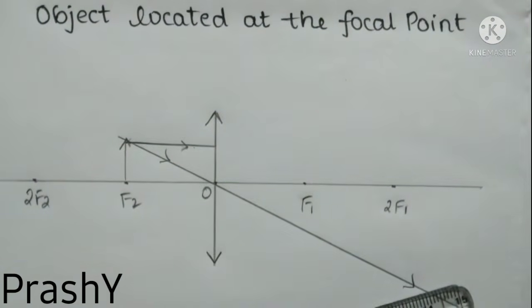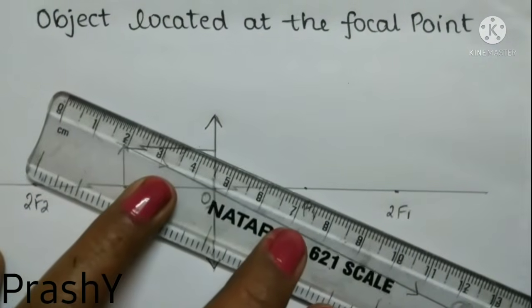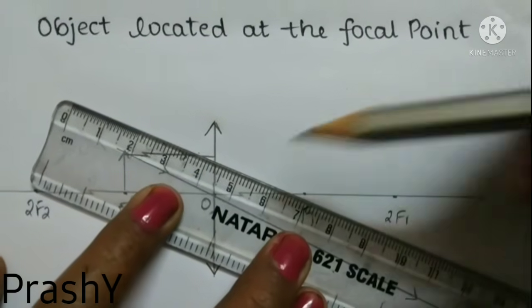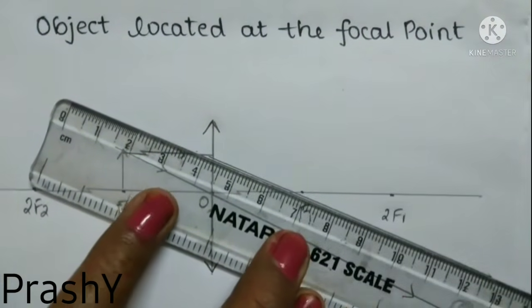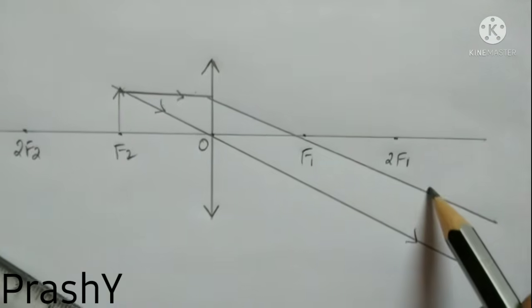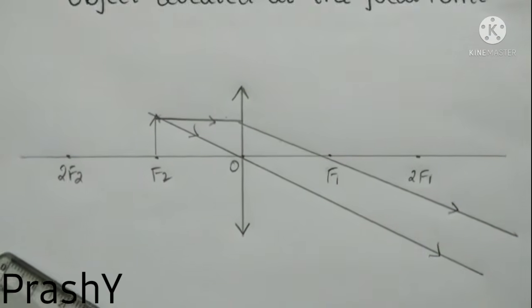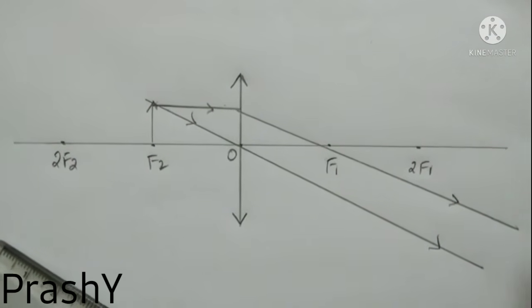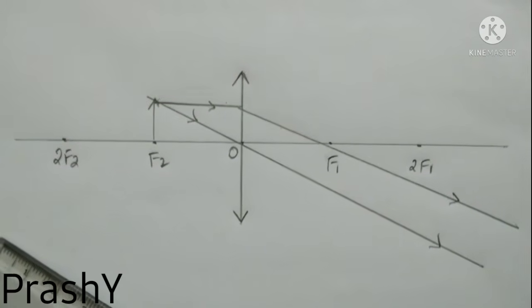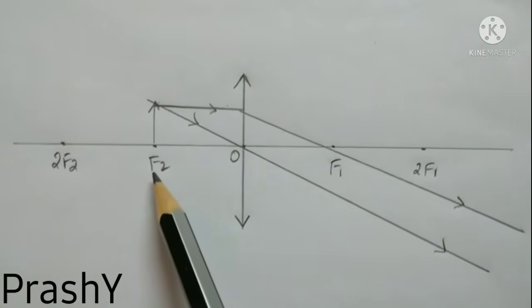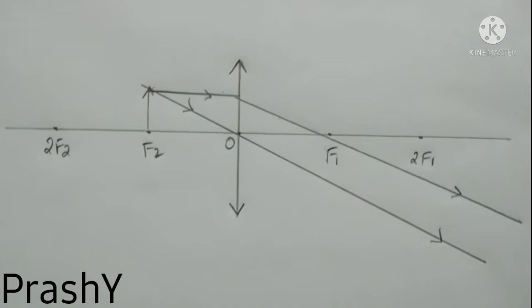Parallel to the principal axis, always meets through focus. So here if you observe, these two rays are parallel, so we will be saying that these two rays will meet at infinity. So when the object is placed at focus, image will be formed at infinity.